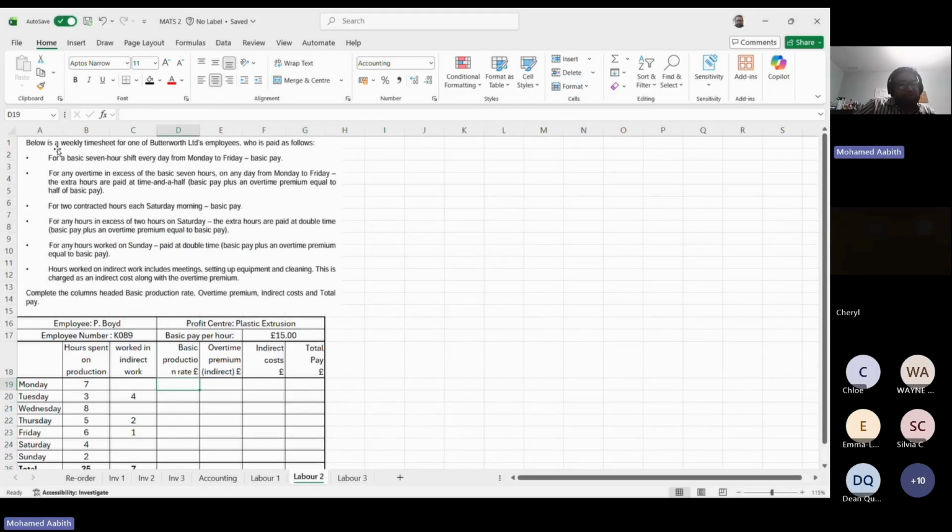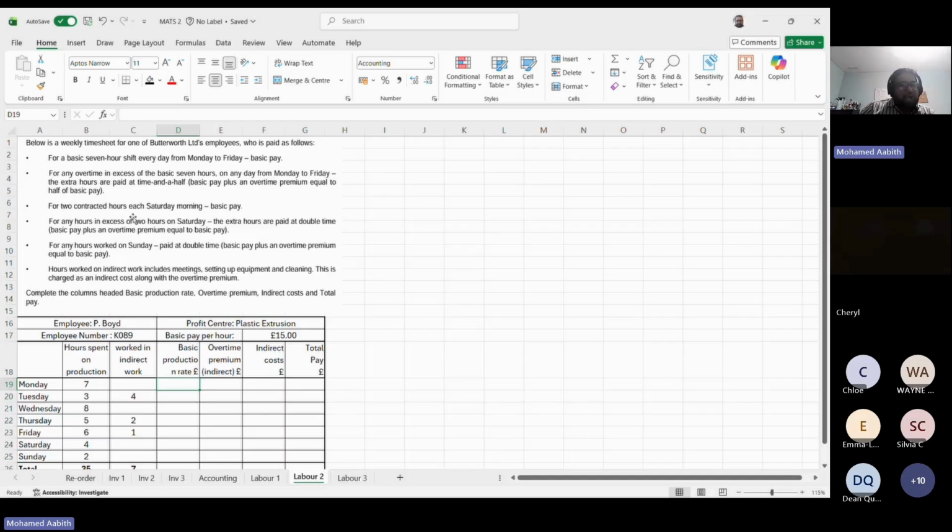Yeah. Now, this one below is a weekly timesheet for one of Butterworths Limited's employees who is paid as follows. For a basic 7-hour shift every day, Monday to Friday, basic pay. And for any overtime in excess of the basic 7 hours, on any day from Monday to Friday, extra hours are paid at time and a half: basic pay plus an overtime premium equal to half of basic pay.